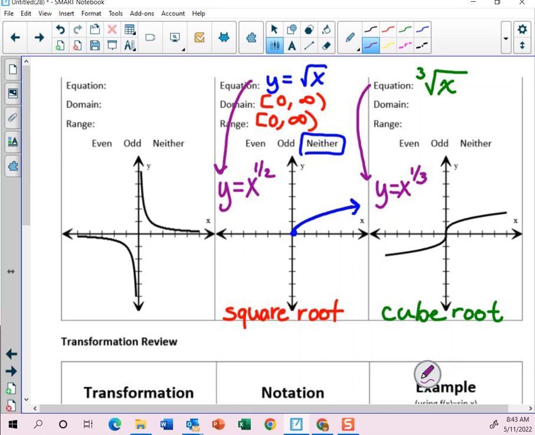I know that's something you spent time on in Algebra 2, translating between things written under radicals, the root and the index. So a square root is a 1/2, a cube root is a 1/3. Like I said, there's certain things we do in calculus that are easier to do with that form of the equation.